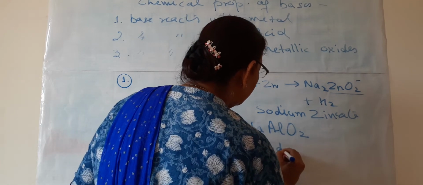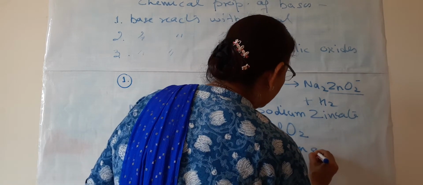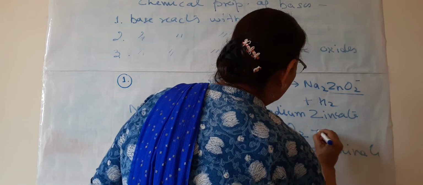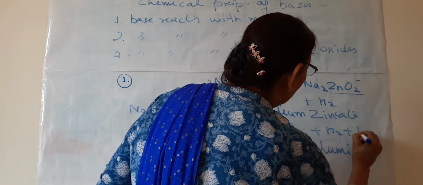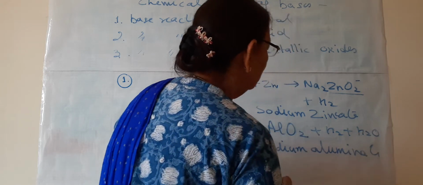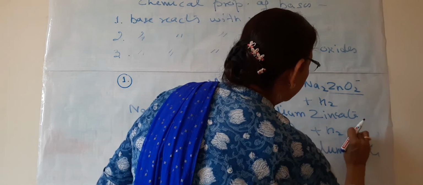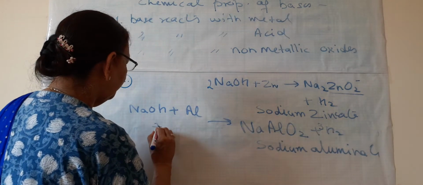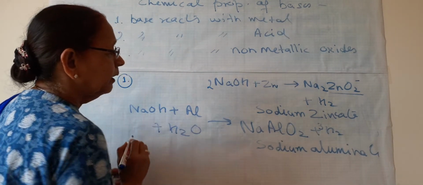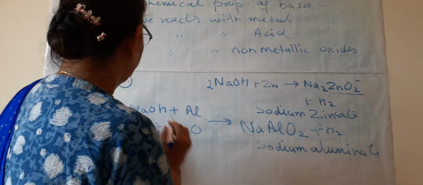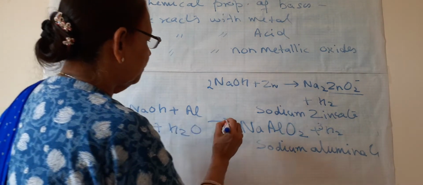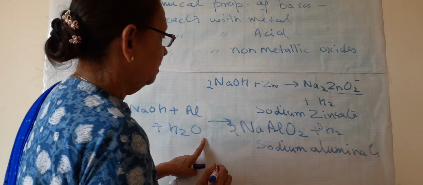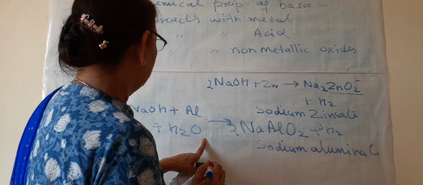Sodium aluminate is formed and hydrogen gas is evolved, and water will not form here. This is 3 hydrogen, and we have to take water here to balance the equation. Now I think it is balanced.